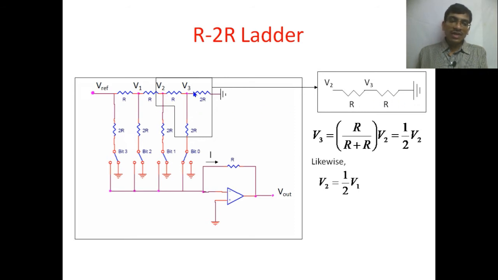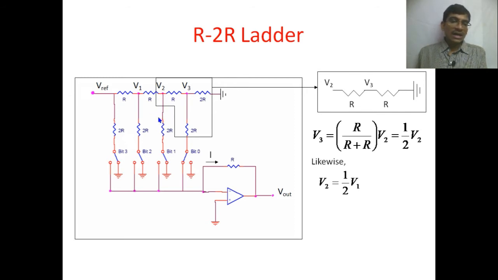Therefore here we have a 2R resistance. This 2R resistance is in parallel with the 2R resistance present here. Again the equivalent resistance is equal to R only, and this voltage V2 can be given as V1 into R by R plus R. That's why we get V2 as 1 by 2 V1.